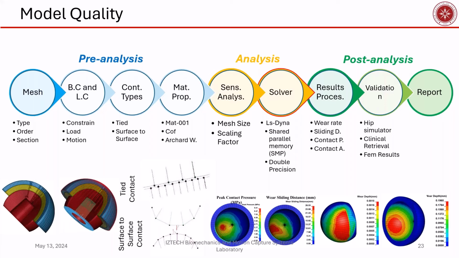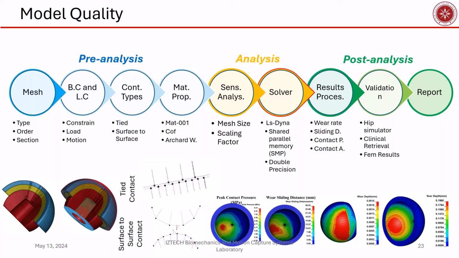We choose the brick element, first order, and the element form is -1, and we apply the constraint, loading, and motion activity. We choose 2 different contact types.